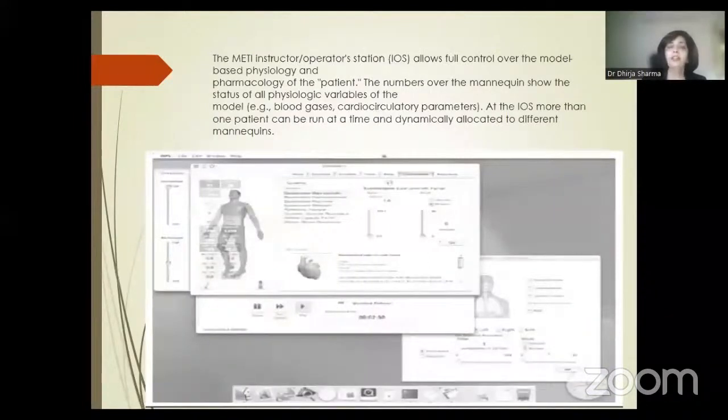The METI instructor and operator station can allow for multiple patients to be operated at the same time, and the patient values of physiology, ABG, etc., which come up as a result of the action done by the trainer are shown here on the screen. The blood gases, cardiocirculatory parameters, etc.